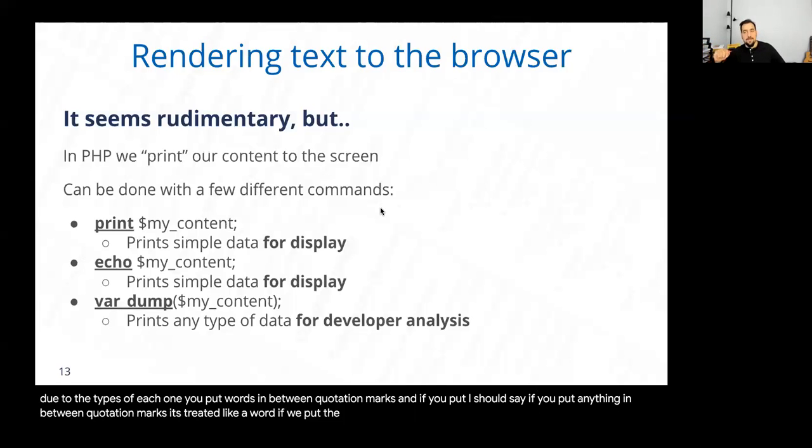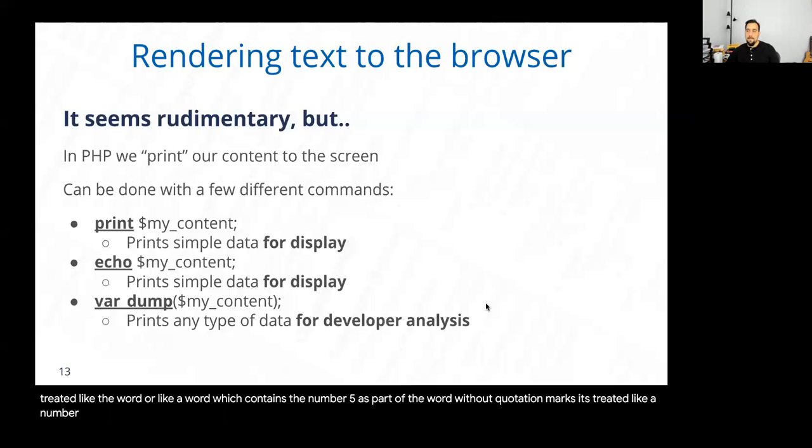If we put the number 5 in between quotation marks, it would have been treated like a word which contained the number 5 as part of the word. Without quotation marks, it's treated like a number. And with numbers, you can do math and have more expected results, whereas when you do math on words, it may or may not behave a little differently.